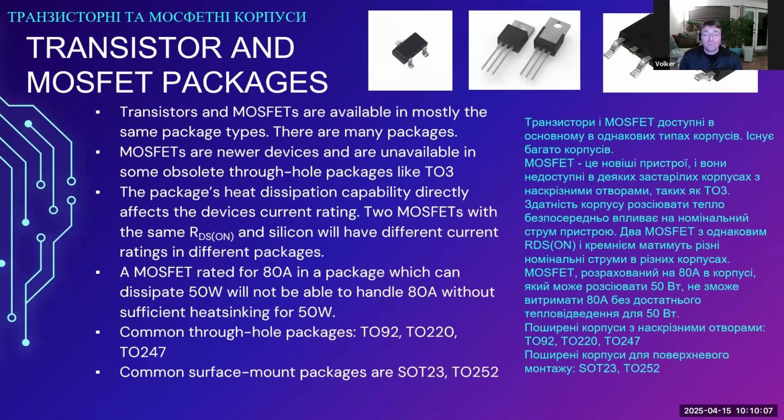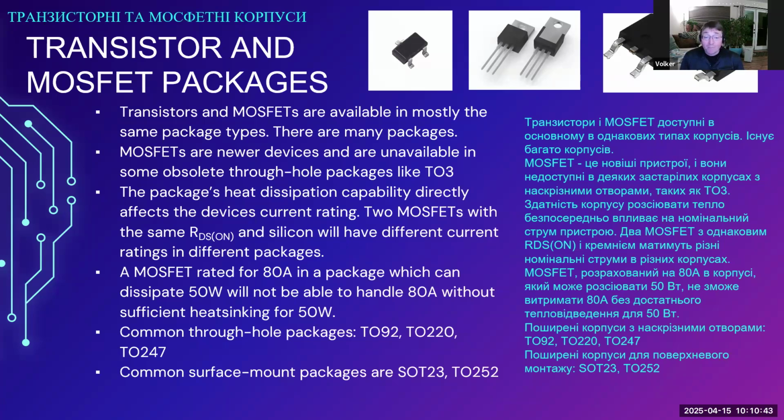I see that very often, especially from cheap motor drivers from AliExpress or other places, where people use the MOSFET rating to advertise their product. So they use a MOSFET that is rated for 80 amps, and they advertise their product as a motor driver for 80 amps. And of course, that is complete nonsense.